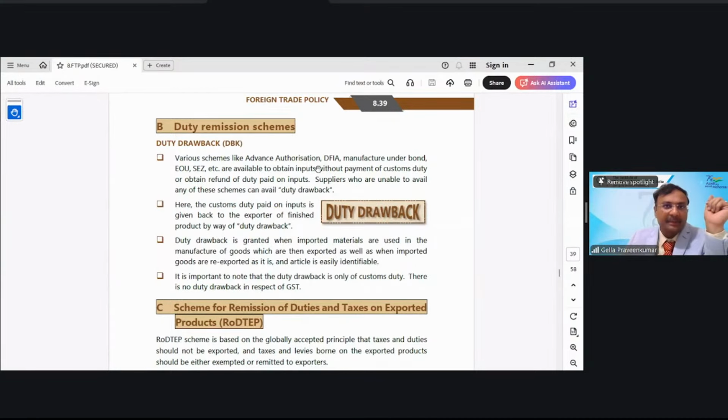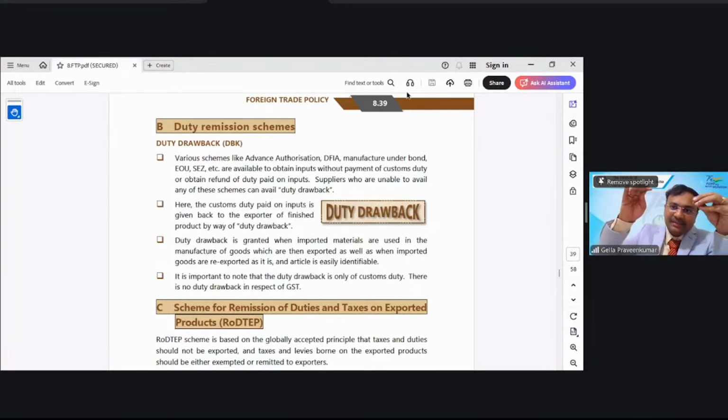Let's take an example this way. Say, for instance, Yogesh imported some material, manufactured, and sold those goods to Sanjay. Sanjay purchased domestically and also purchased from Yogesh. So when we look at the costing of Sanjay, the customs duty paid by Yogesh sits in the cost of Sanjay also.